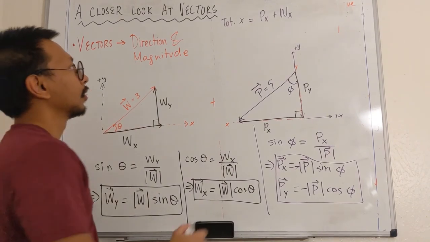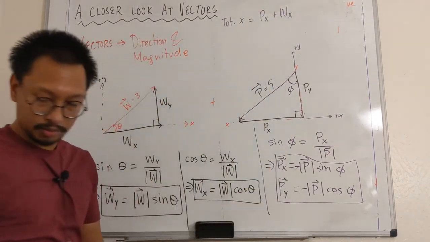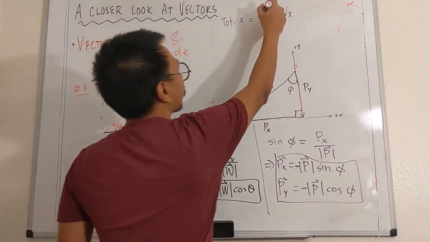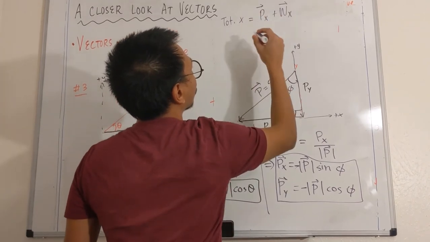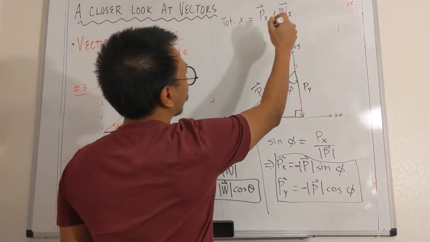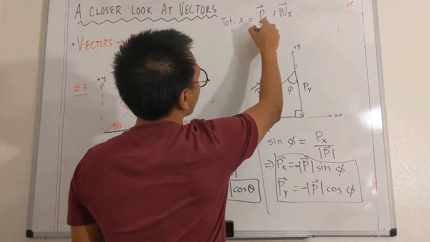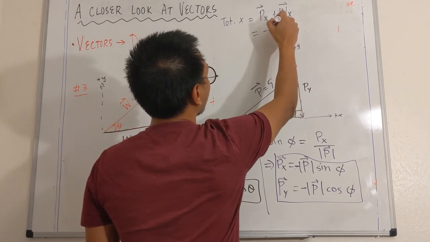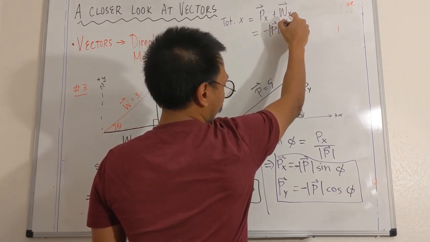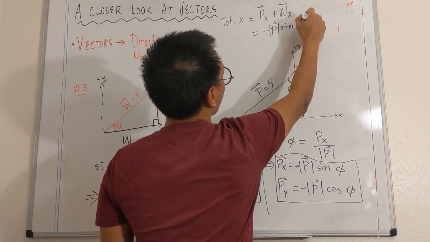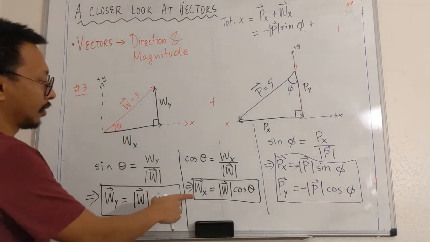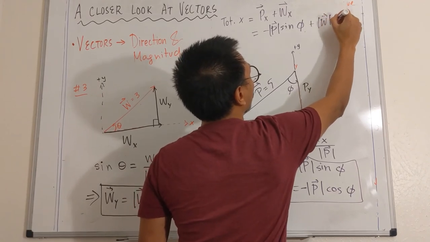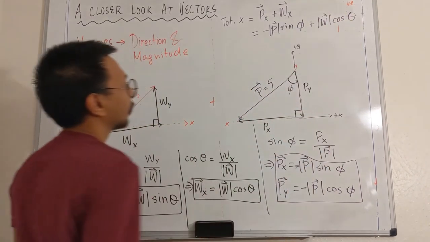All right, so px plus wx would give you the total x component, which is negative p sine phi plus wx, which is magnitude w cosine theta.